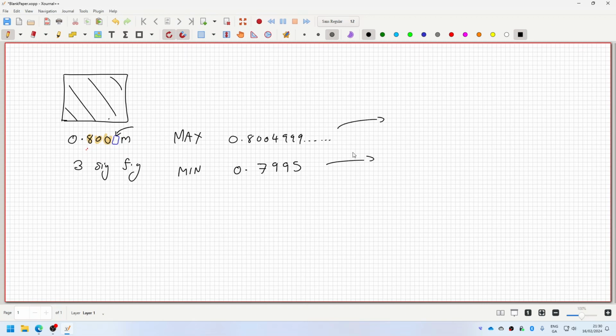If we were to square both of these, let's see what we get. This one here would be 0.64080025 meters squared, and then the second one would be 0.63920025 meters squared.